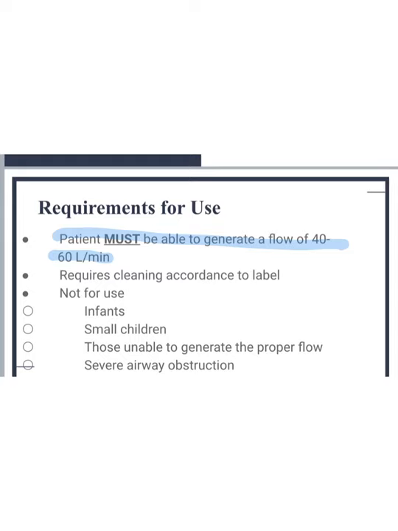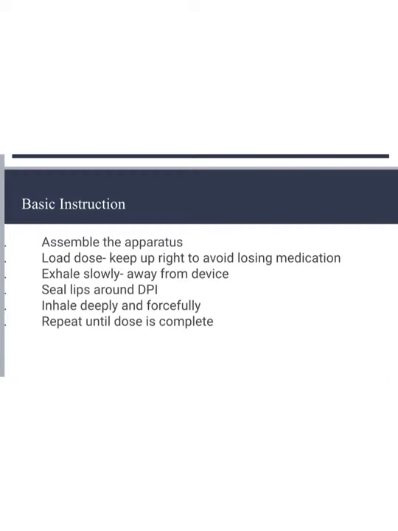It's not for use with infants, small children, or those that are unable to generate the proper flow. Patients with neuromuscular disease will not be able to have that big breath and generate the flow that's created with the turbulence so that the drug is delivered to the patient. Or severe airway obstruction.